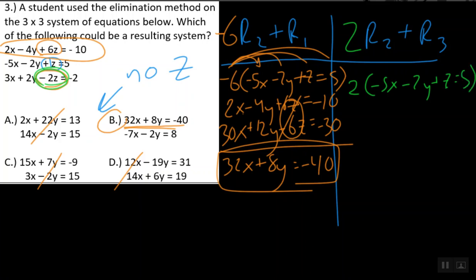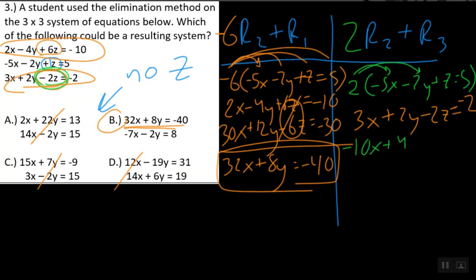And I can write my row 3, I'll write that in orange. Why not? Row 3, of course, is 3x plus 2y minus 2z is equal to negative 2. Okay, let's go ahead and distribute. 2 times negative 5x is negative 10x. 2 times negative 2y is positive 4y.